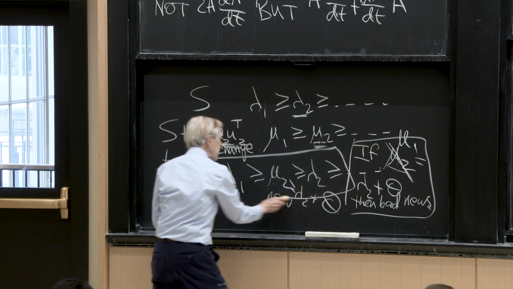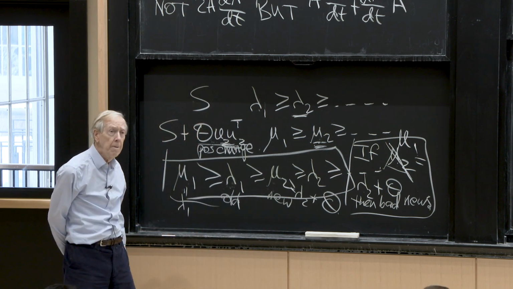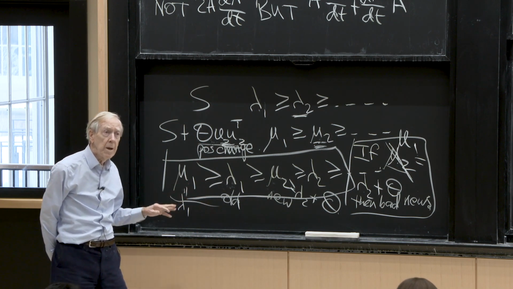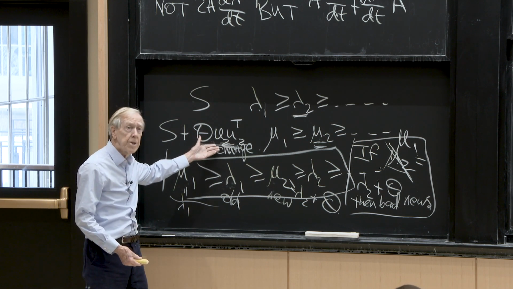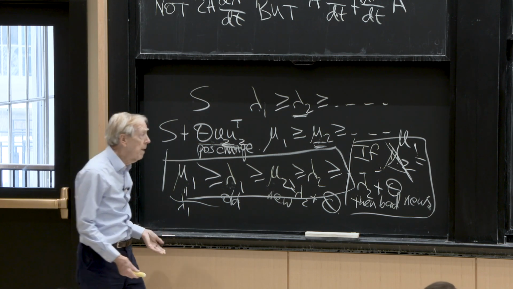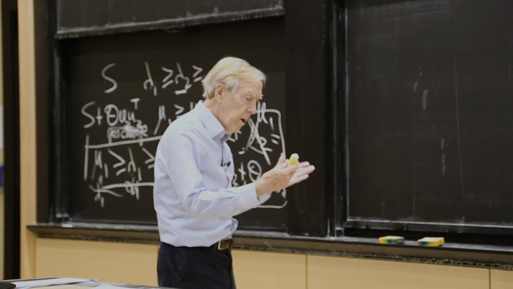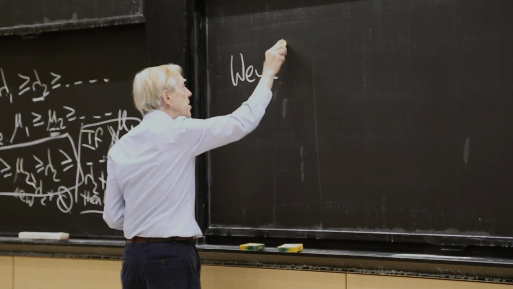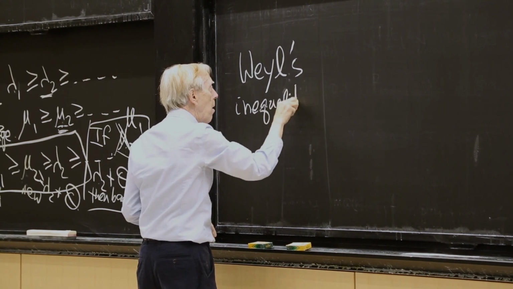It's interlacing, which is really a nice, beautiful fact. And you could imagine that we have more different perturbations than just rank ones. So let me tell you the inequality, named after the discoverer, Weyl's inequality.